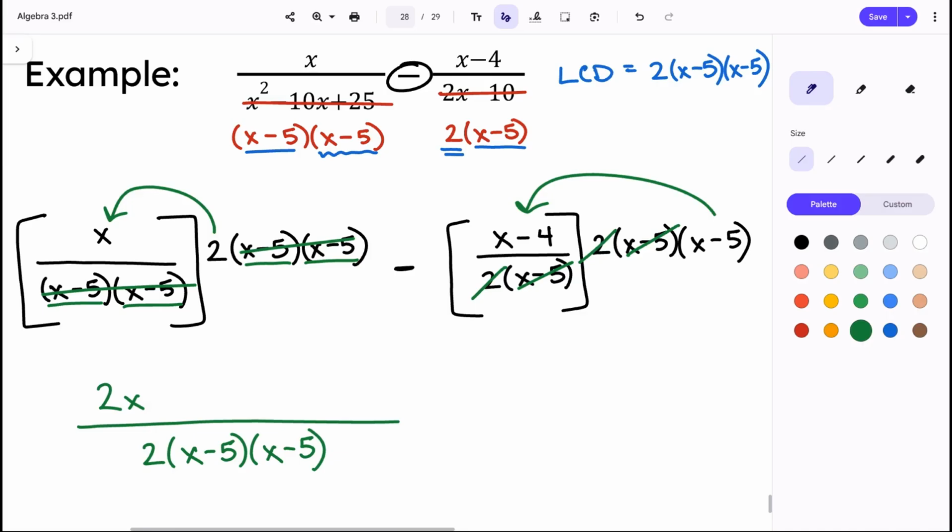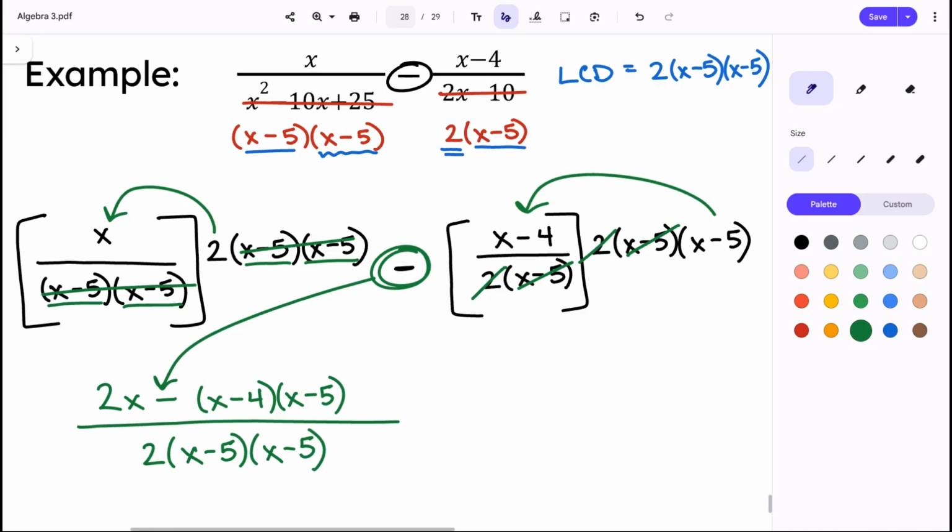I'm just going to write them side by side for right now. So I'm going to do minus, because there's a minus sign here, and then x minus 4 times that x minus 5. Again, still all over 2 times x minus 5, because that gets me my subtraction to happen on just the numerator. My denominators stay the same.